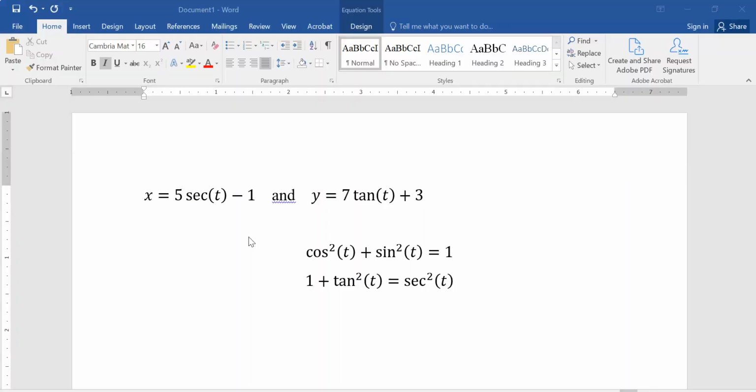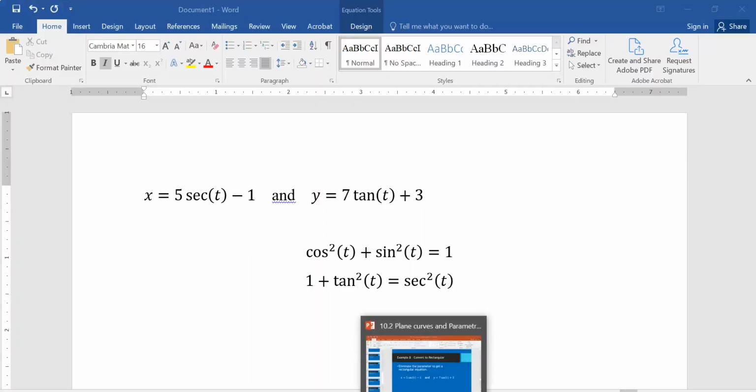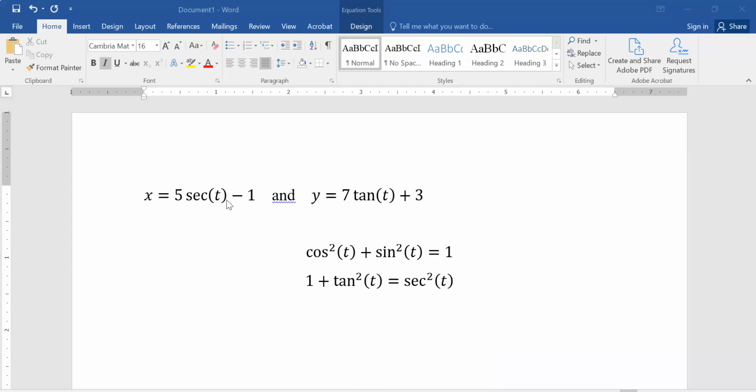Hopefully you went ahead and did that. So we're talking about 5 secant t minus 1 as your x equation, y equals 7 tangent t plus 7. Although we don't have an identity with tangents alone, we have an identity with tangents and secants, and that is the identity that comes out of dividing both sides of cosine squared plus sine squared equals 1 by cosine squared.